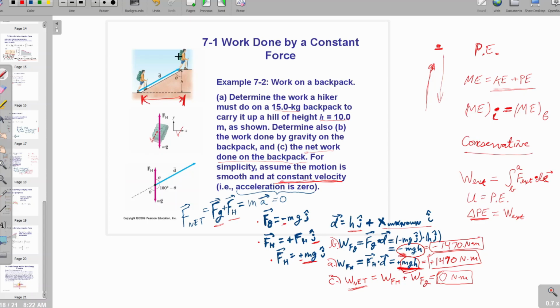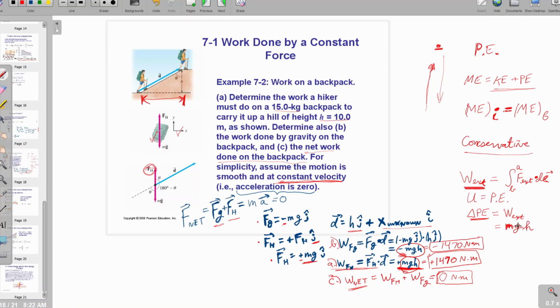I know this because if I take the work that an external force would have to do, in this case, the external force is the force that the hiker exerts in carrying the backpack up the hill, I will find that the force that the hiker does brings about some positive amount of work, right, as we found right here in part A. And the amount of work that is done by this external force is equal to m times g times the height h.